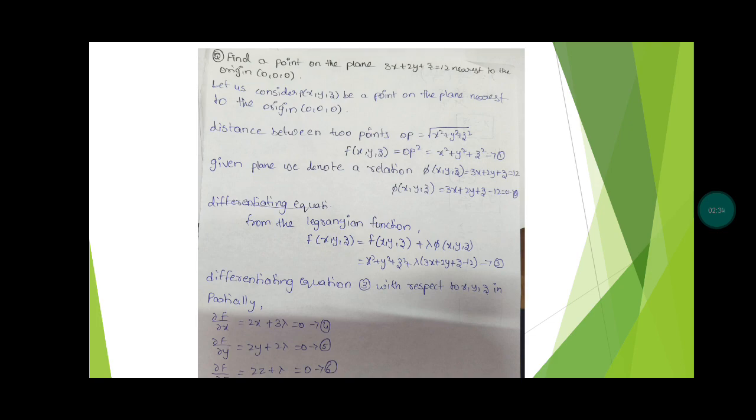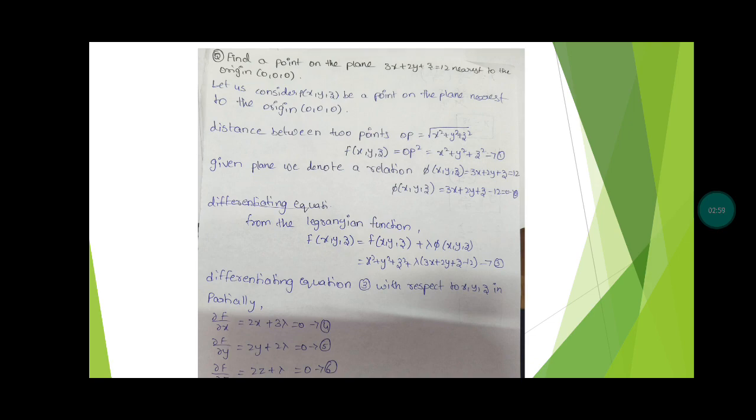Given the plane, we denote the relation phi(x, y, z) = 3x + 2y + z = 12, that is phi(x, y, z) = 3x + 2y + z - 12 = 0. Here plus 12 becomes minus 12 when it comes to the left-hand side. Let us consider this as equation number 2.